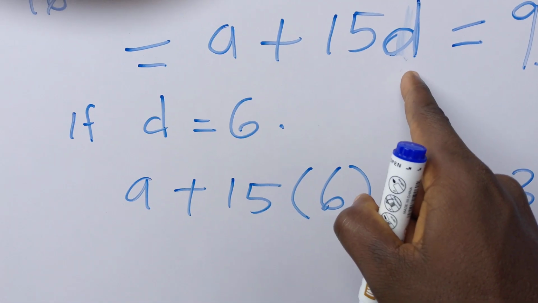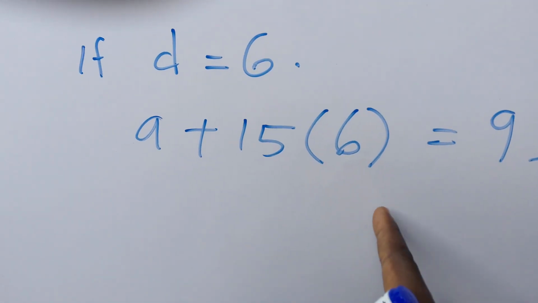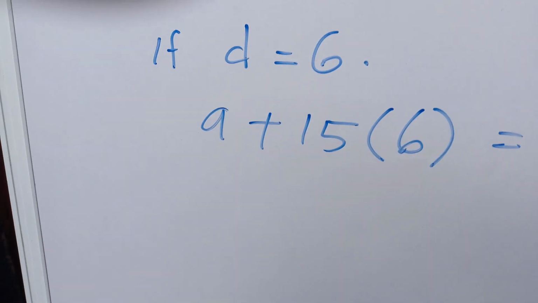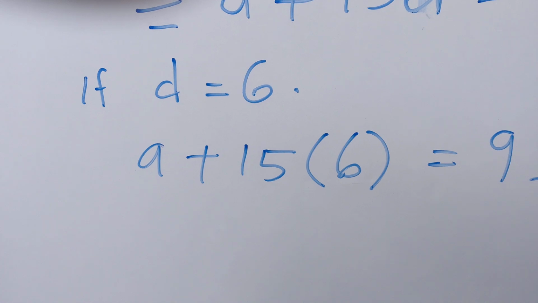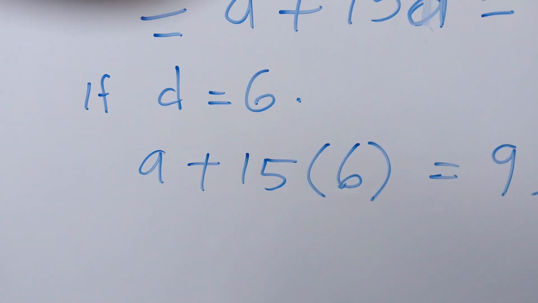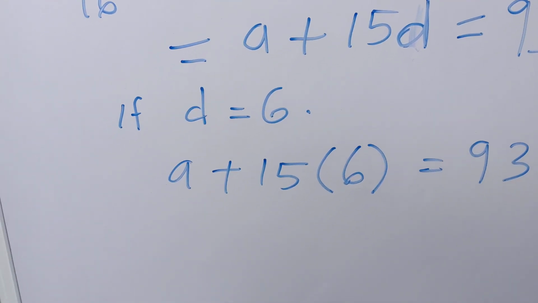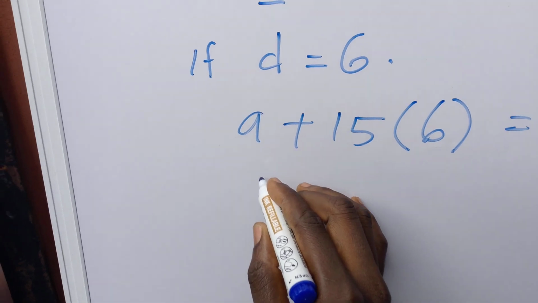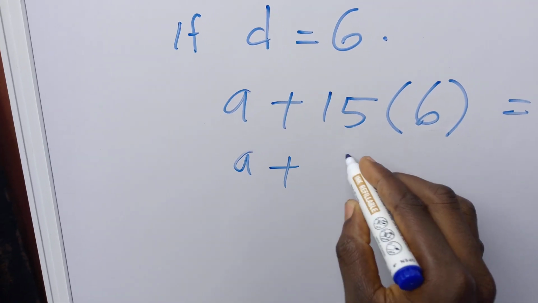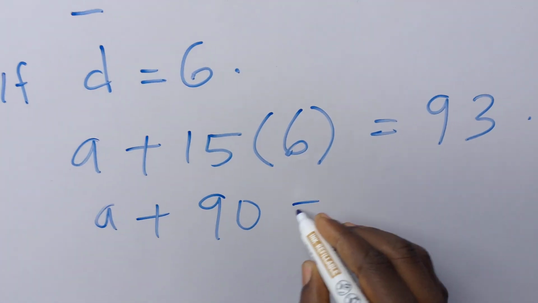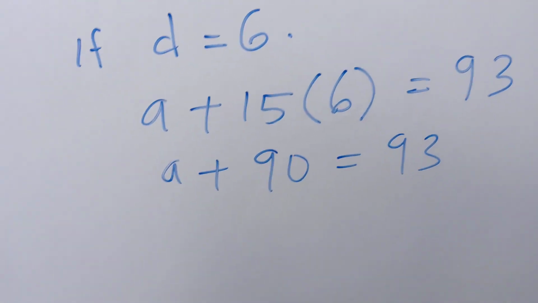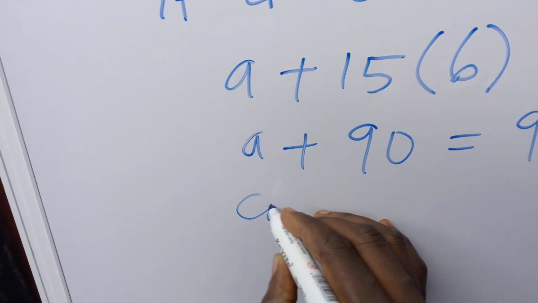Since the common difference d is 6, we substitute it here. Then you multiply it. 15 times 6 gives us 90. We're having a plus 90 is equal to 93. The next thing I'll do is to collect like terms.